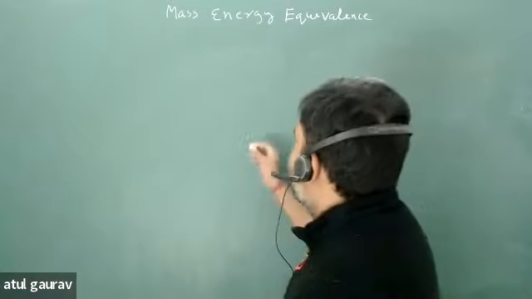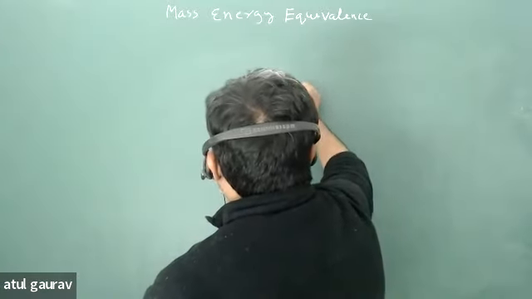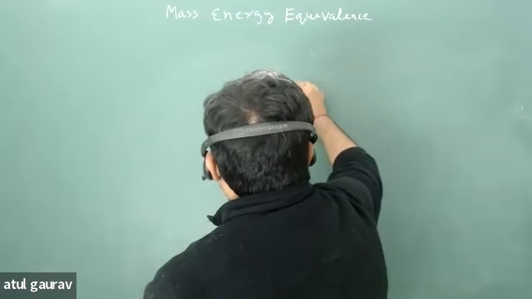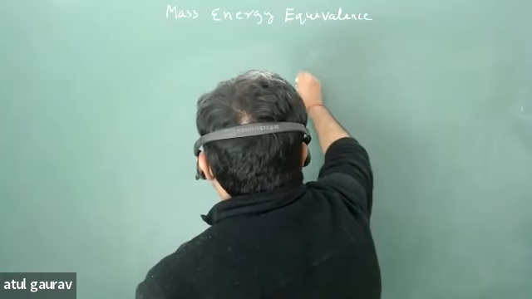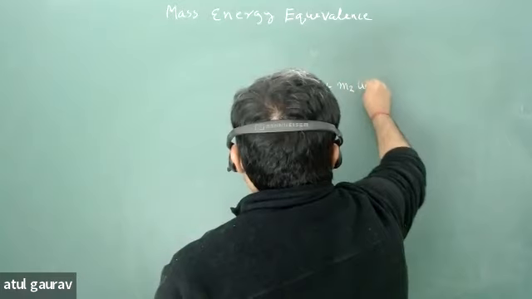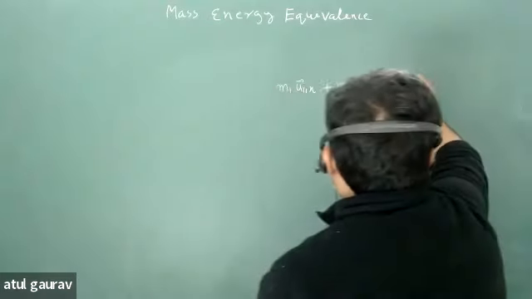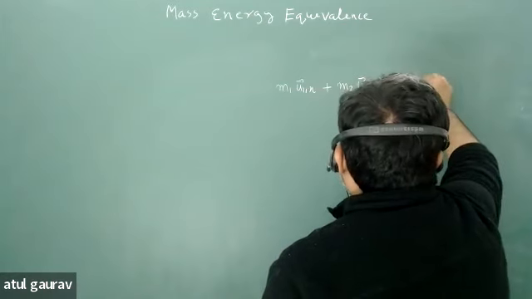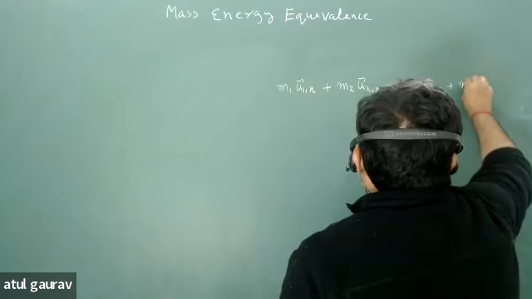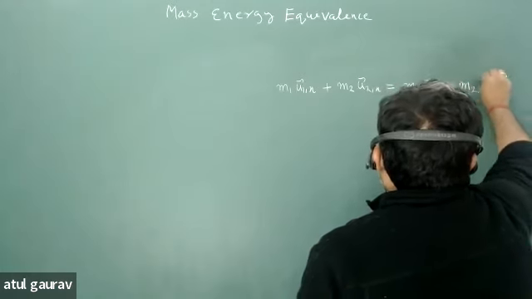Initially we have m1 u1 with respect to x plus m2 u2 with respect to x is equal to m1 v1 with respect to x plus m2 v2 with respect to x.